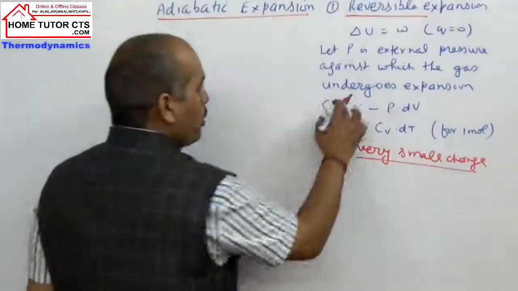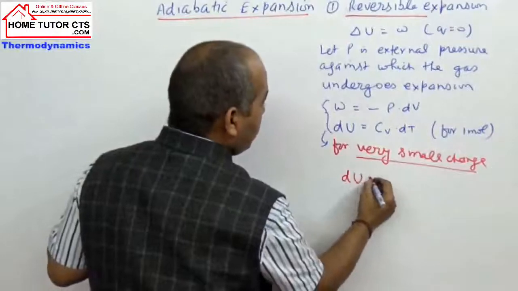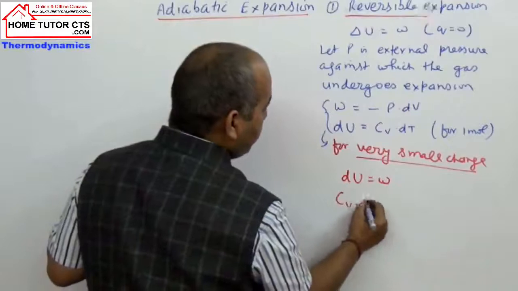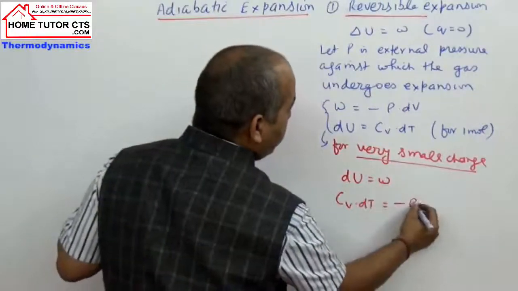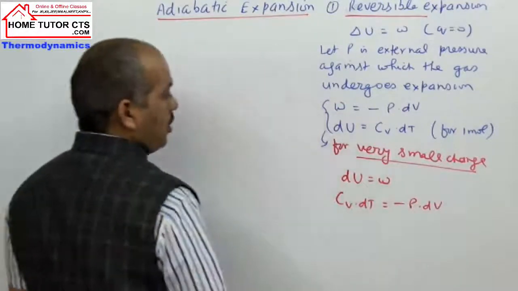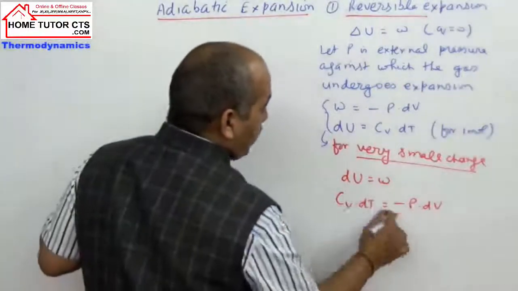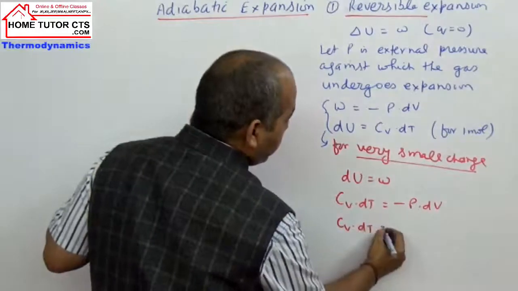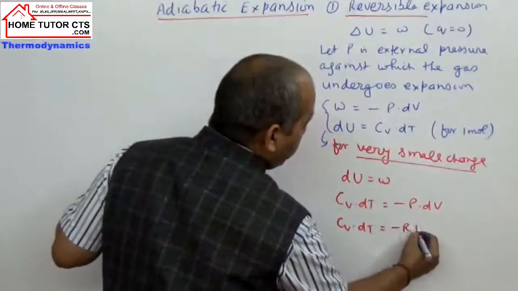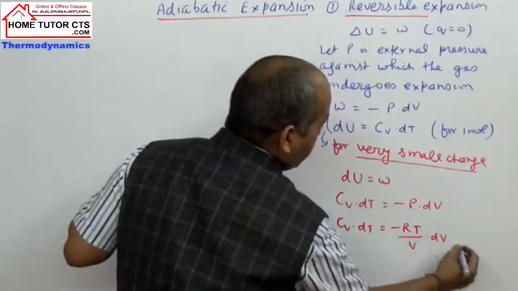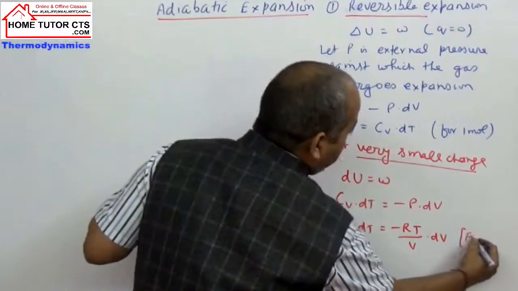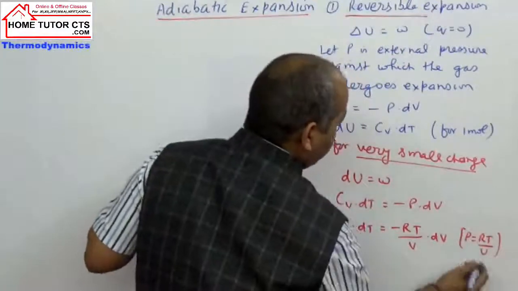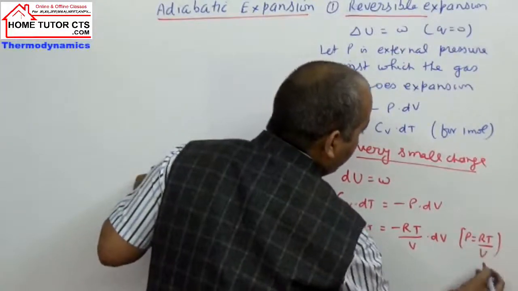So you can equate the two relations, that dU is equal to work. What is dU per mole of the gas? Cv dT. What is work? Minus P dV for 1 mole of gas. Now, when we equate the relation, Cv dT equals minus P dV, and what is pressure? For the gas, you can write pressure as RT by V for 1 mole of gas.